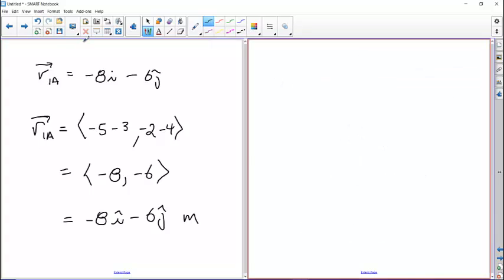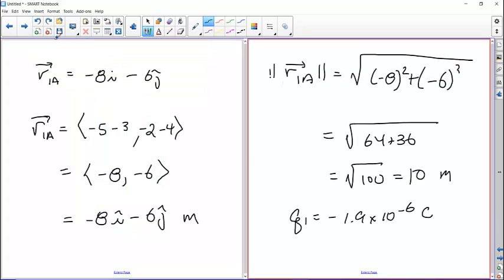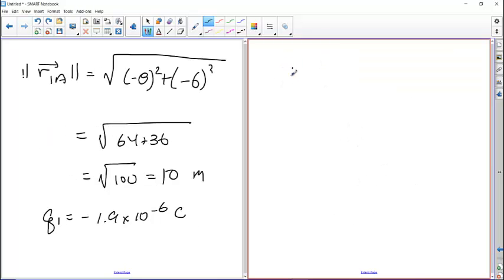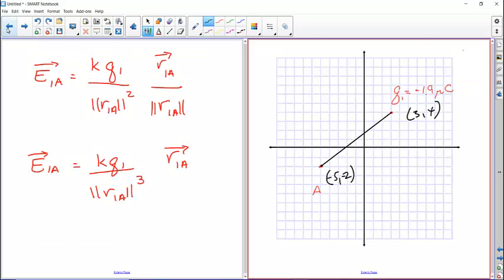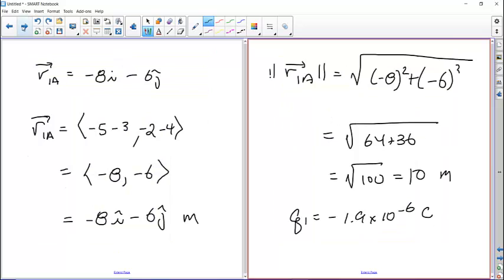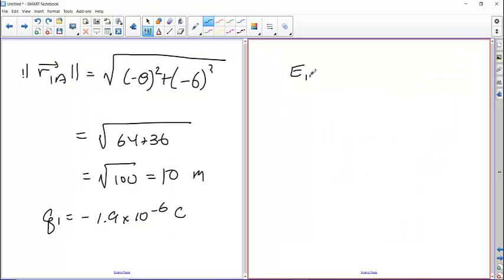Okay, so let's write down the equation. So the electric field, let's see what subscripts I used here. Okay, the electric field due to charge 1 at point A is going to be equal to K times Q1 times R1A vector divided by the magnitude of R1A vector quantity cubed.